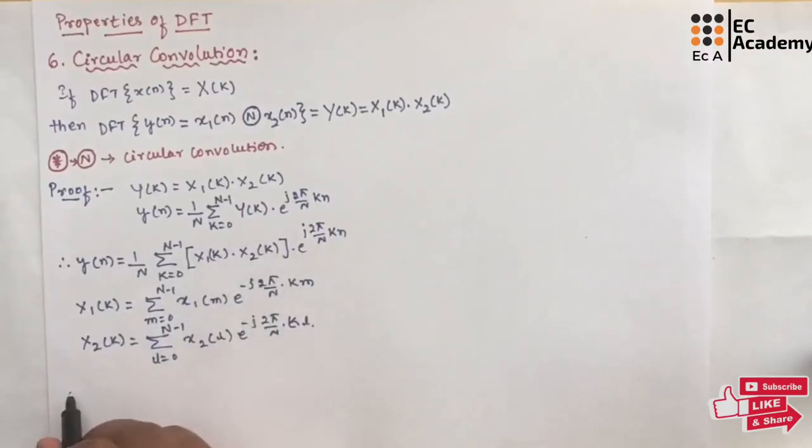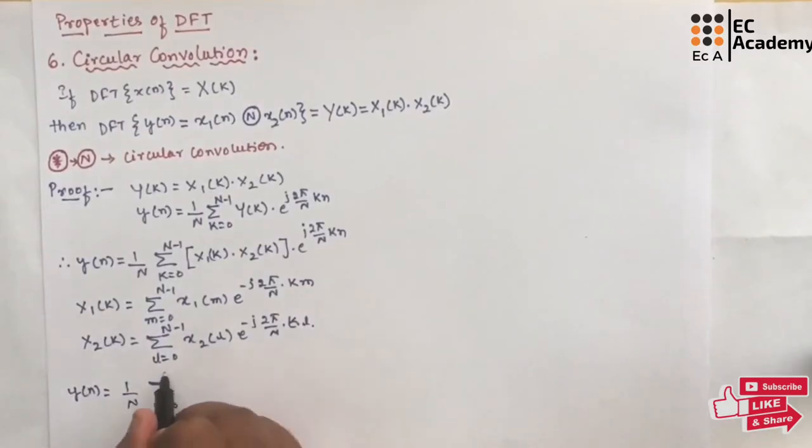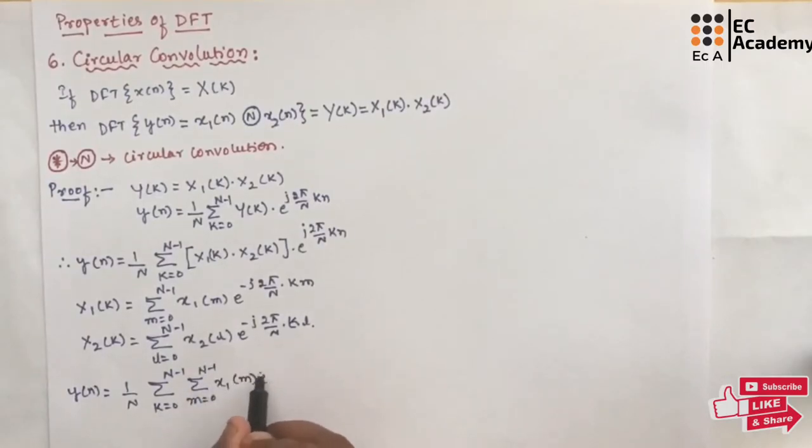We will get y of n will be equal to 1 by n summation of k is equal to 0 to n minus 1. Let us write this summation. Summation of m is equal to 0 to n minus 1 x1 of m e to the power of minus j 2 pi by n into km.